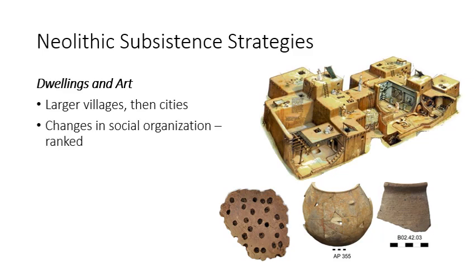With those changes, we also see changes in social organization. As I've pointed out, societies become ranked or stratified, and we have a lot of inequality beginning to emerge. Some people get more than others. And trade is also beginning to emerge. We'll talk a little bit about writing in our next module, but this is also why writing emerges: to record economic transactions.